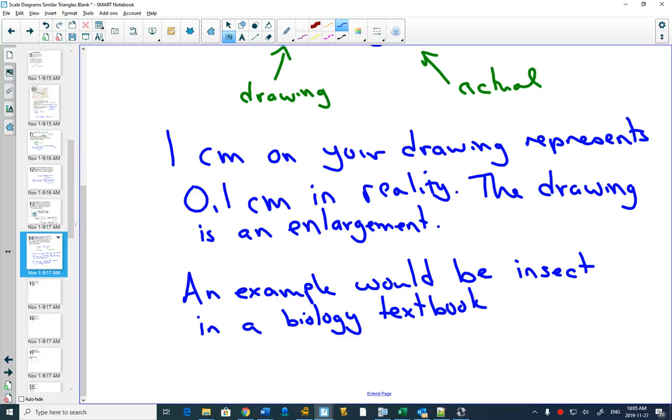This scale diagram makes them 10 times bigger. That might be something you could view better, especially if you were labeling parts like the wing or the abdomen. Did you have to label all the parts of an insect once in middle school? Did you have to do that in science?